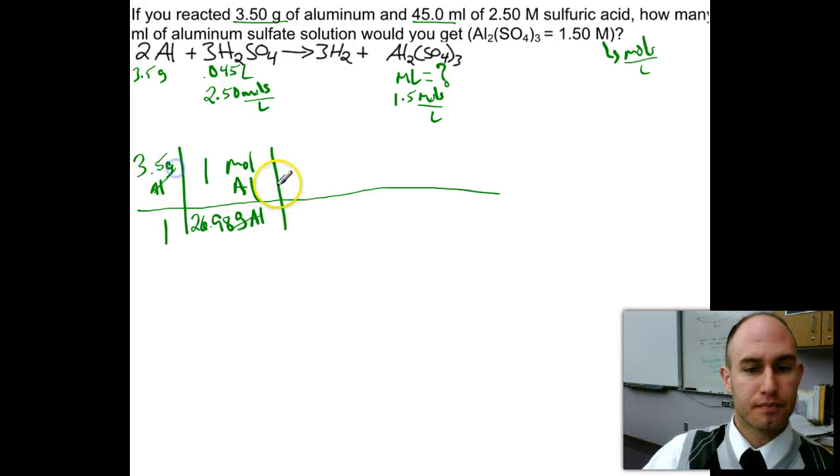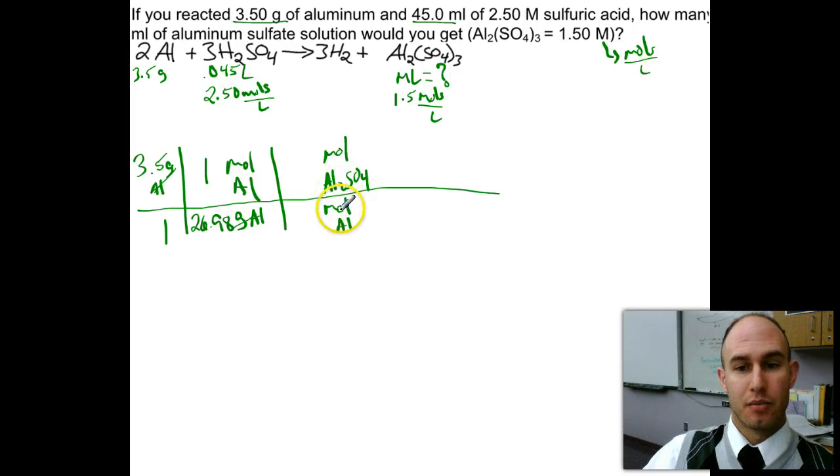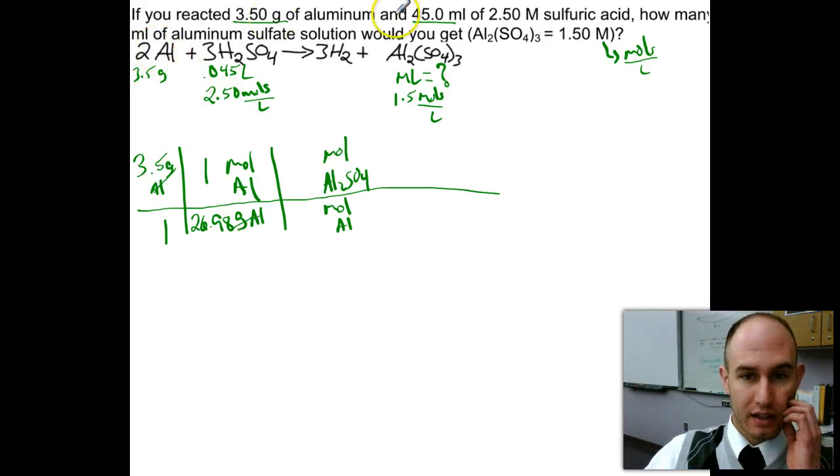Grams cancel. Now I can do moles of aluminum to moles of my unknown, which is my Al2SO4. This is my mole ratio here. I can see that it's a 1:2 ratio.